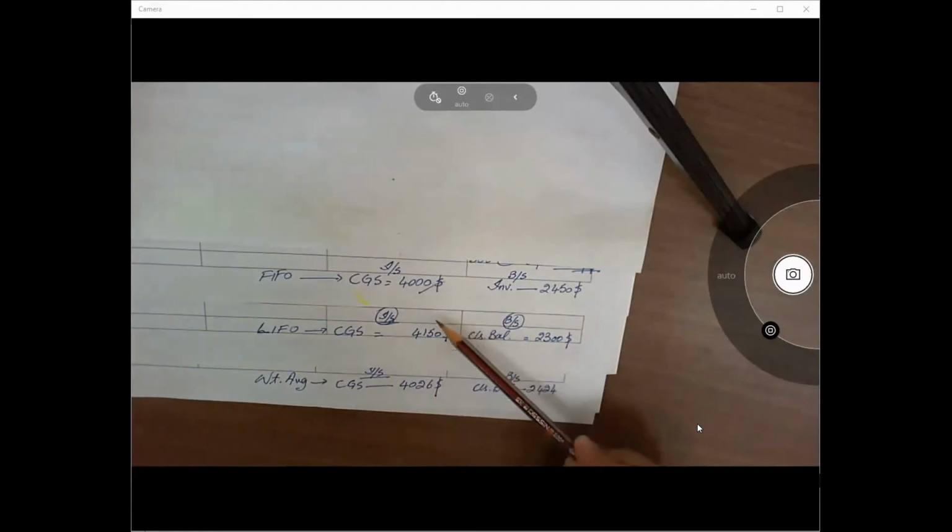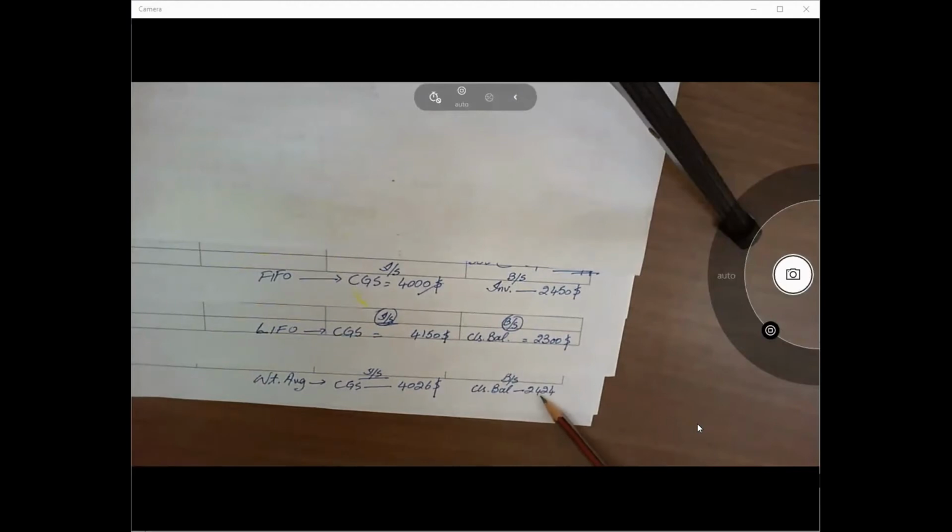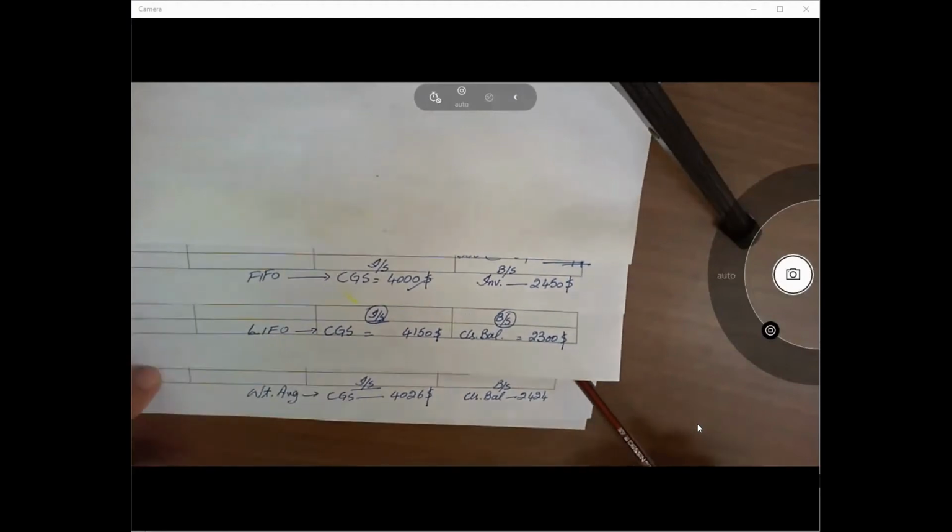But you can see the weighted average is in between. This number is in between these two. If you see the weighted average closing balance, 2,424, this balance is 2,424.